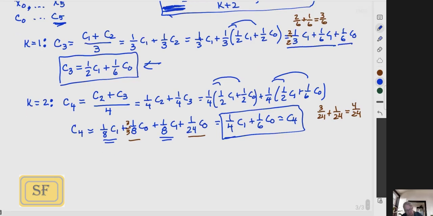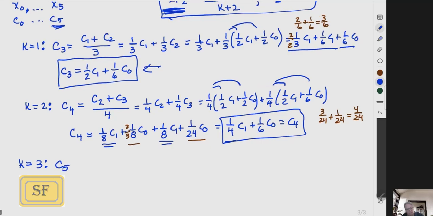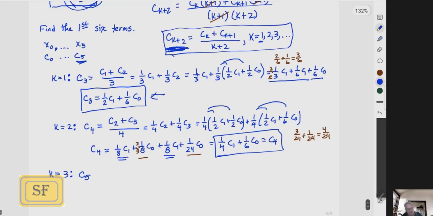And we'll do one more. Maybe I have space here. K equals 3 will give me C5 right here equals C3 plus C4 divided by 5. So I have C3 and C4 defined. So I'm just going to factor out that 1/5 and do the 1/5 at the very end.